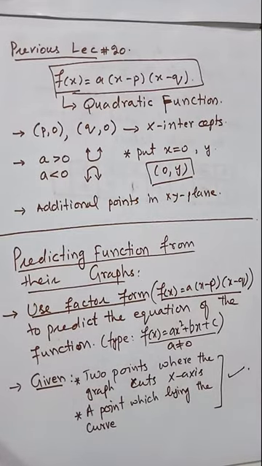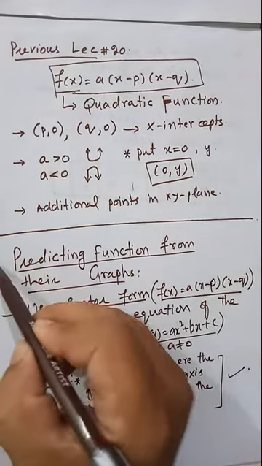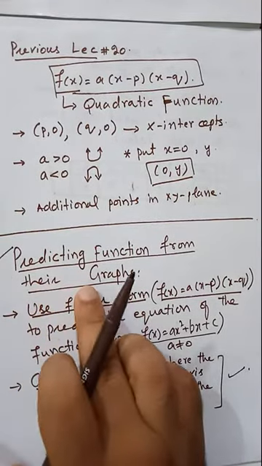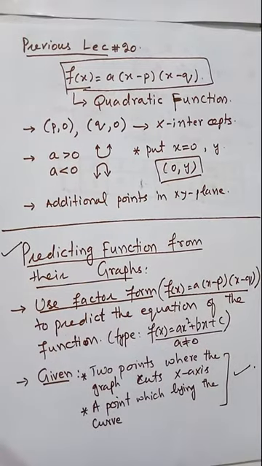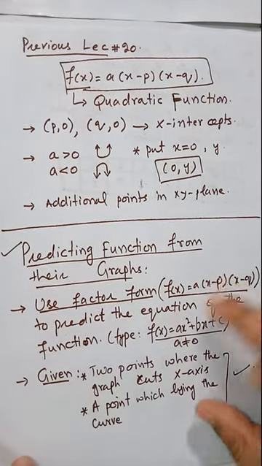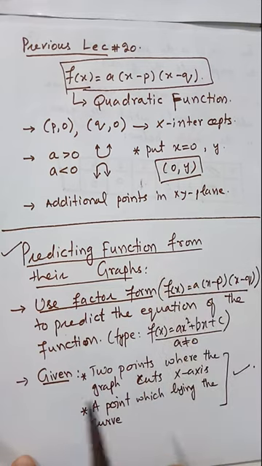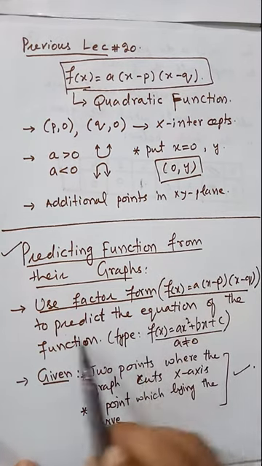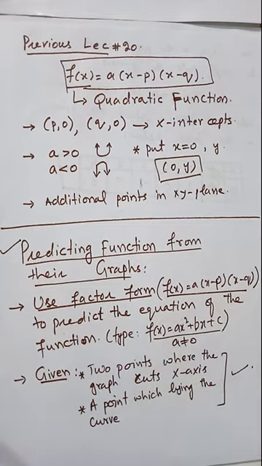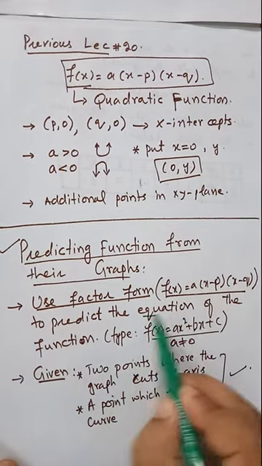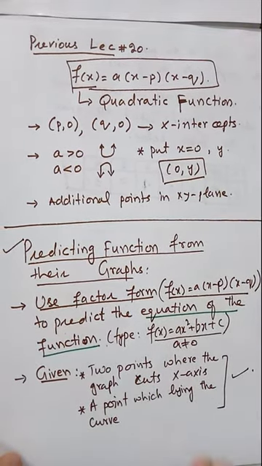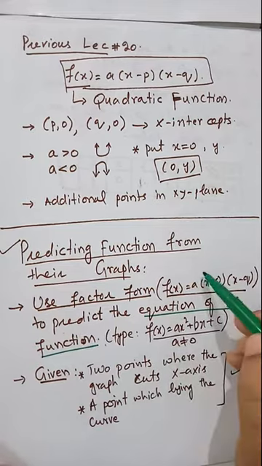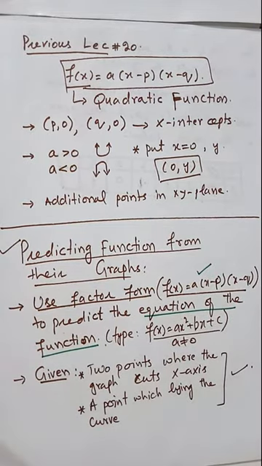So this is our current topic that we are discussing in this video lecture. How will you summarize it? This is the abstract of this topic. Our target is to predict the equation of the function while using the factor form.